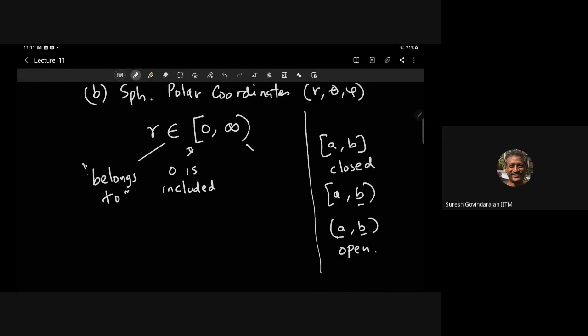So this is what we mean by statics. We need to figure out what the variables are, make some choice, and then ask ourselves what range of values they can take.